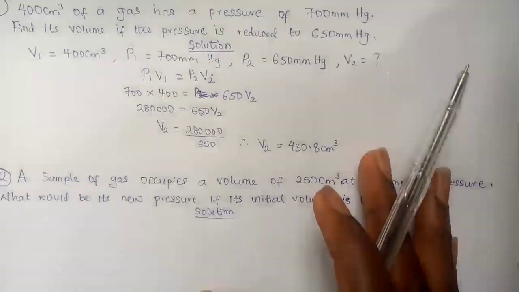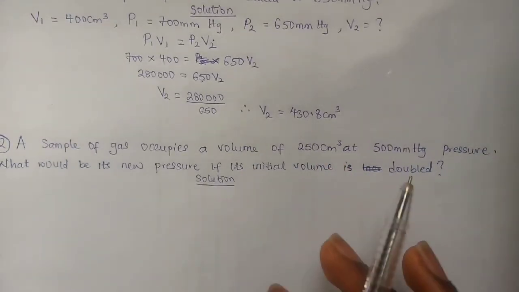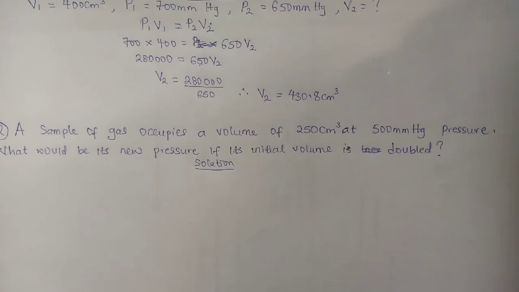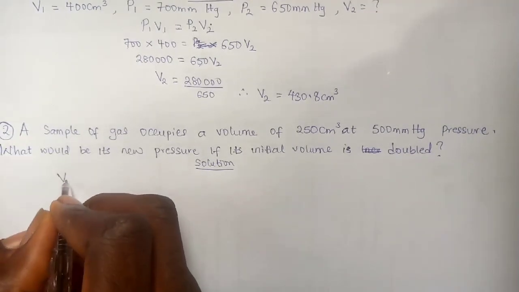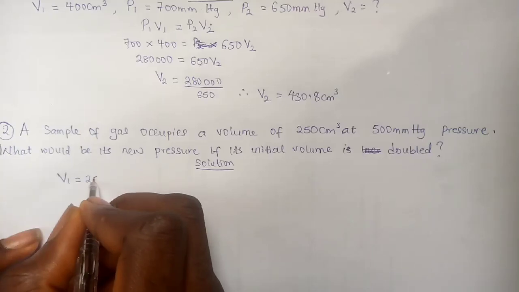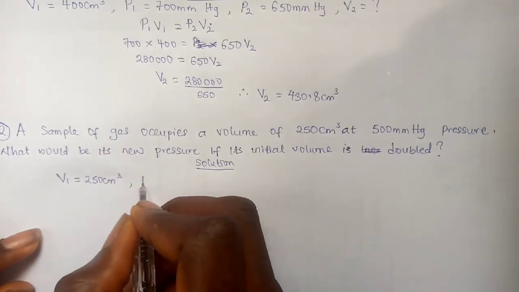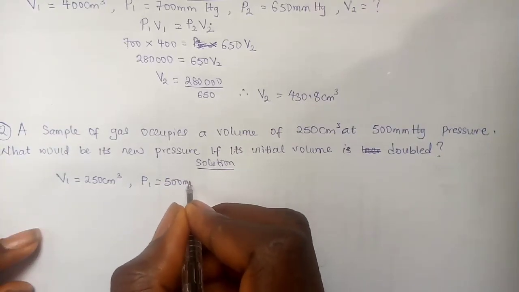Now moving over to the second question, we have that a sample of gas occupies a volume of 250 cm³ at 500 millimeter of mercury. So just like we did before, the initial volume V1 is 250 cm³. The initial pressure is 500 mmHg.